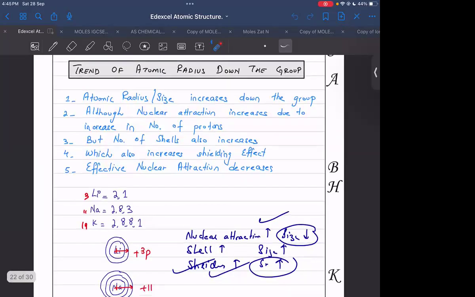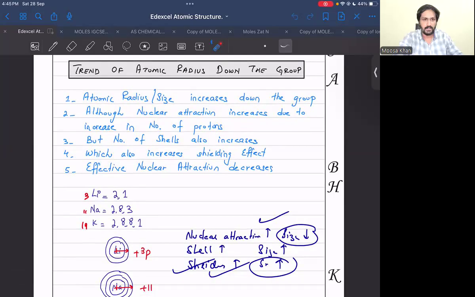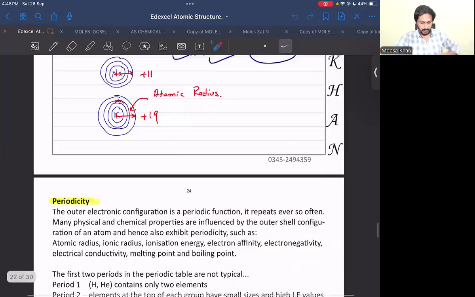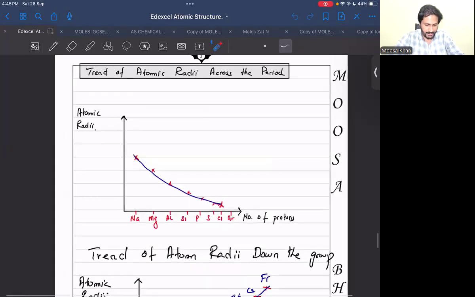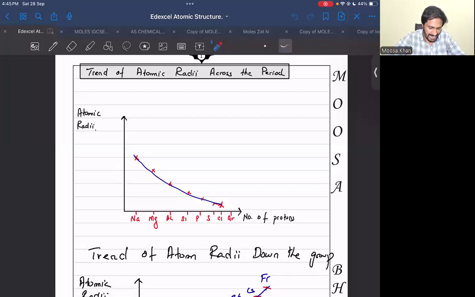Okay, should we move on? If we see the graphical version of the atomic radius, we will see that the size of the atomic radius is decreasing across period 3. This is the trend for period 3 actually.